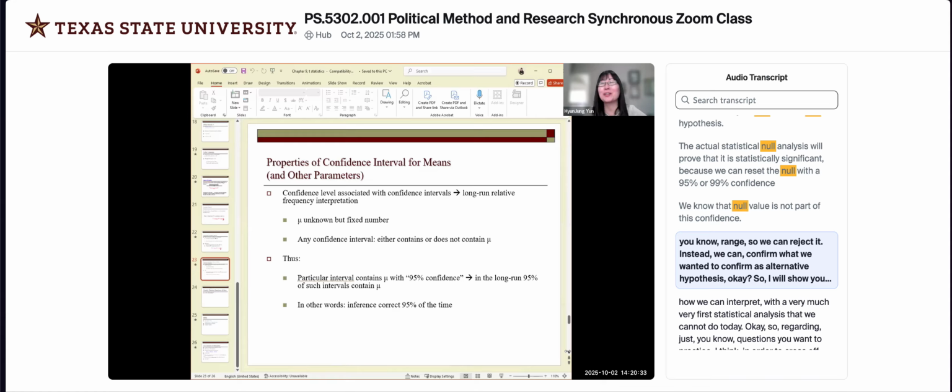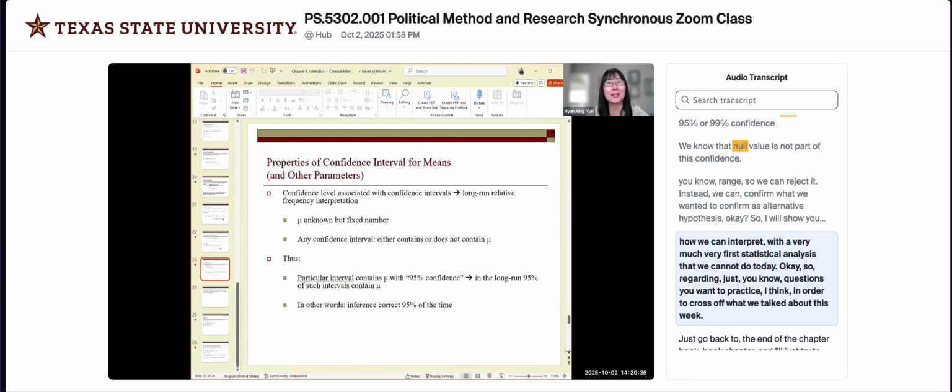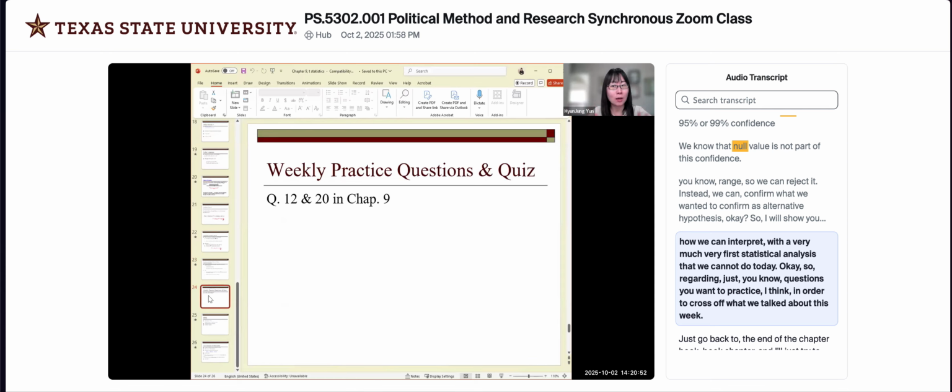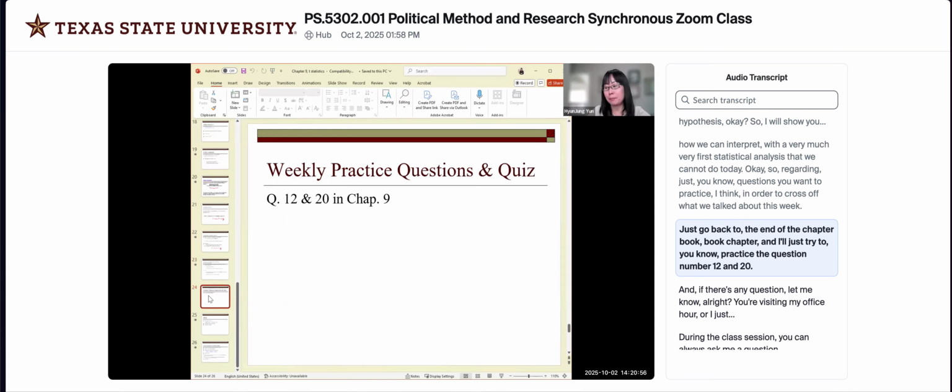Okay, so I will show you how we can interpret the very first statistical analysis we're going to do today. Regarding questions you want to practice, in order to grasp what we talked about this week, go back to the end of the book chapter and try to practice questions number 12 and 20.